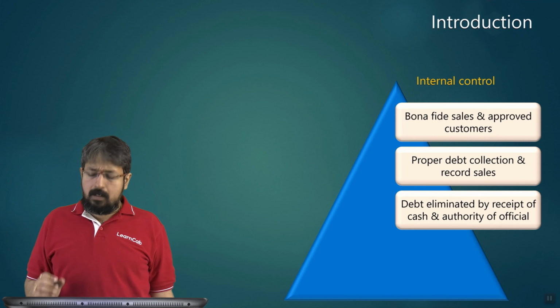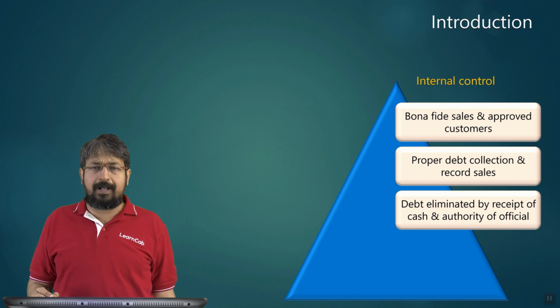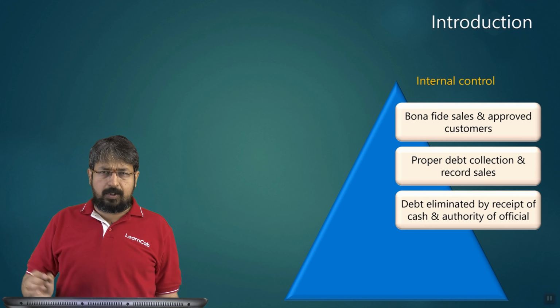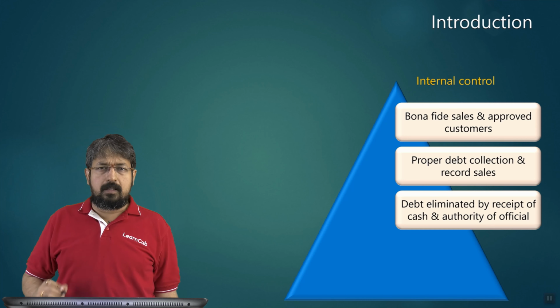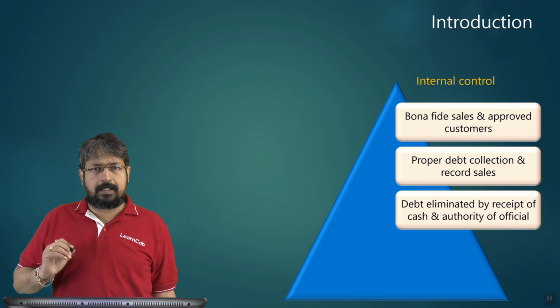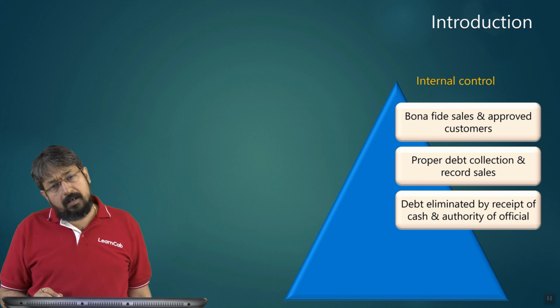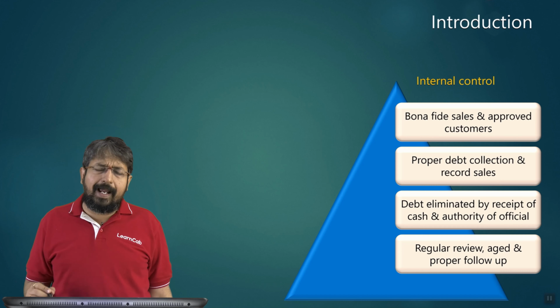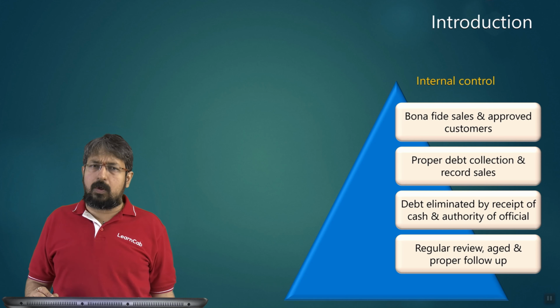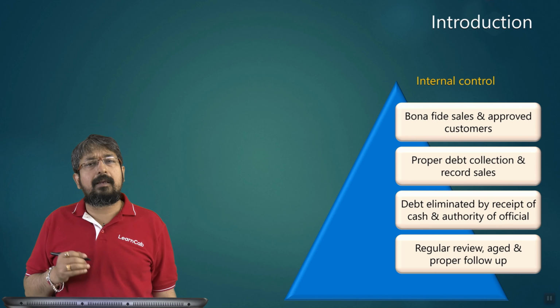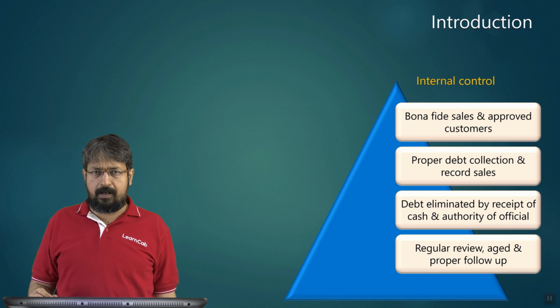So debt can be eliminated only by receipt of cash or authority of an official. A responsible official can authorize: write off this amount of debt, this may not be recoverable, let us write it off. That is how it is. Then further, on a regular basis, the accounts and finance department should regularly review the accounts receivable account.